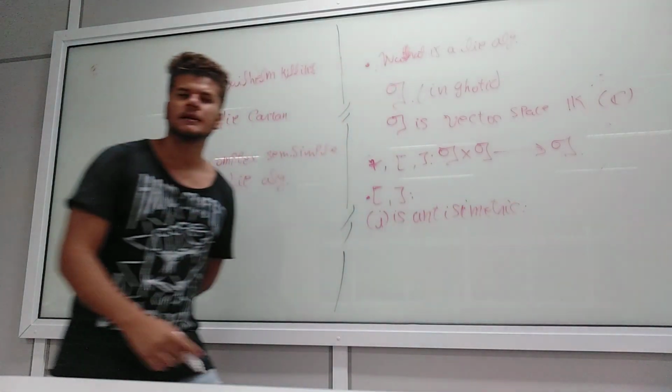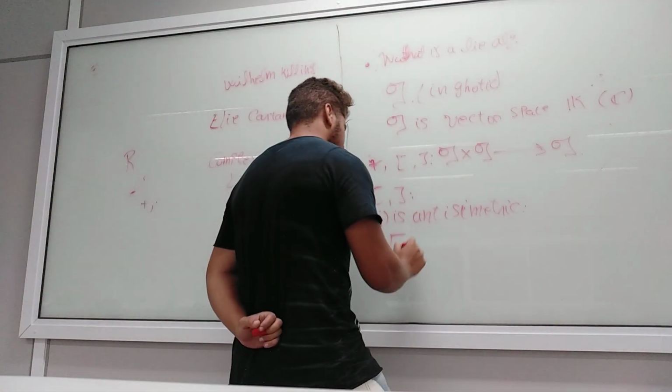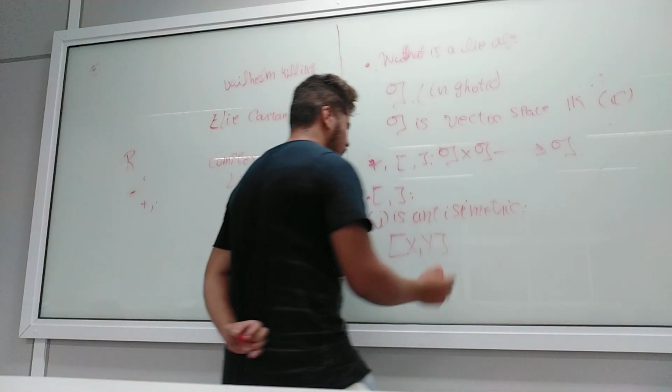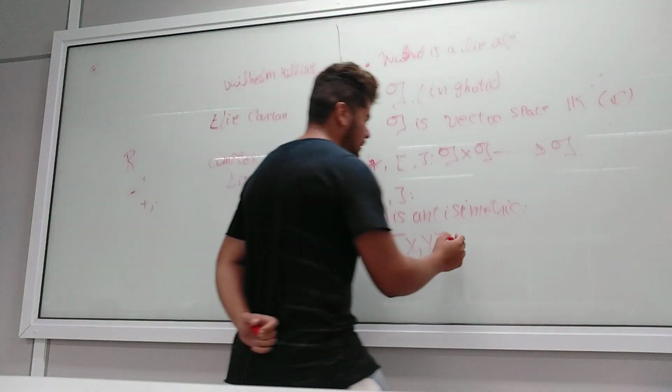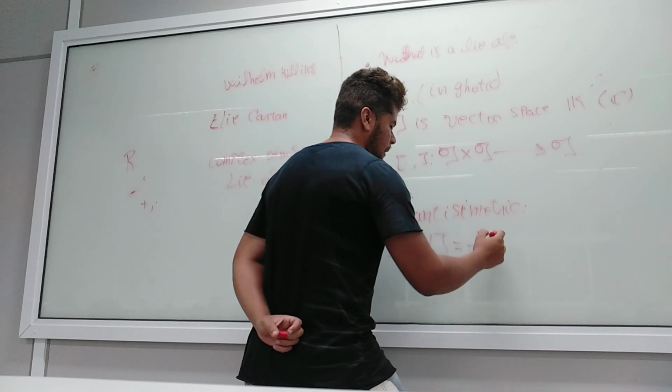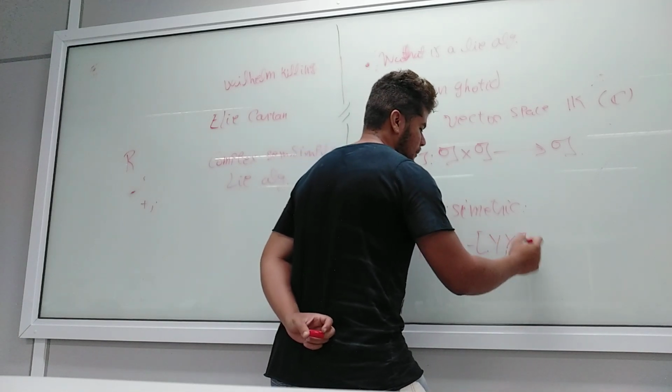And what does this mean? This means that the Lie bracket of x and y is equal to minus the bracket of y and x.